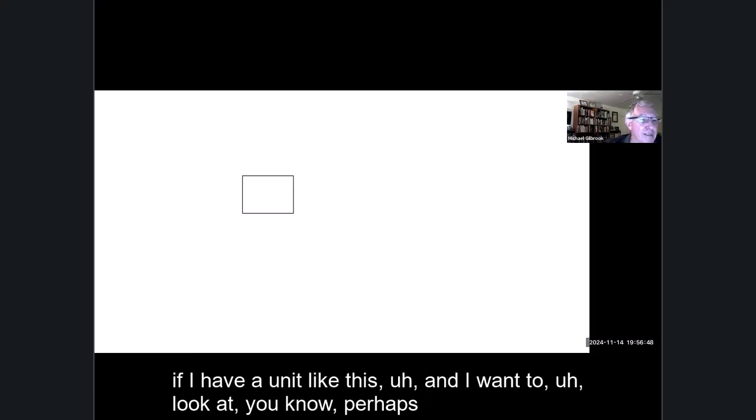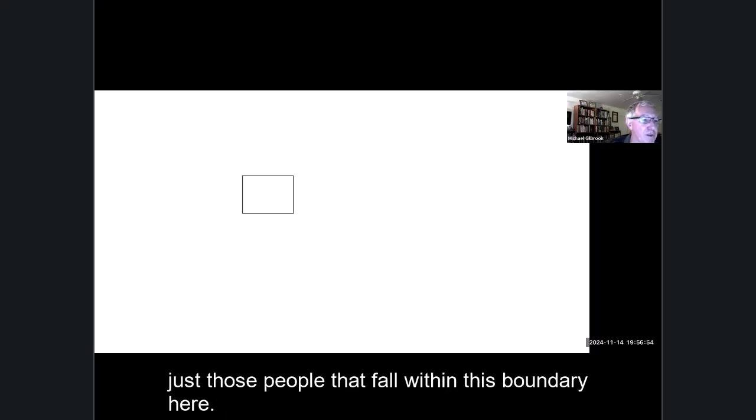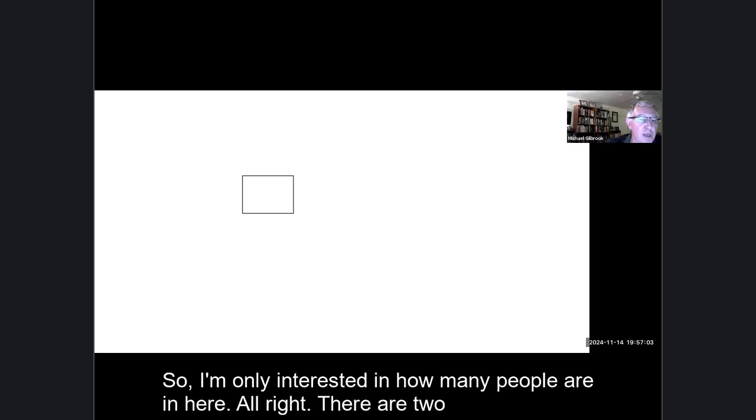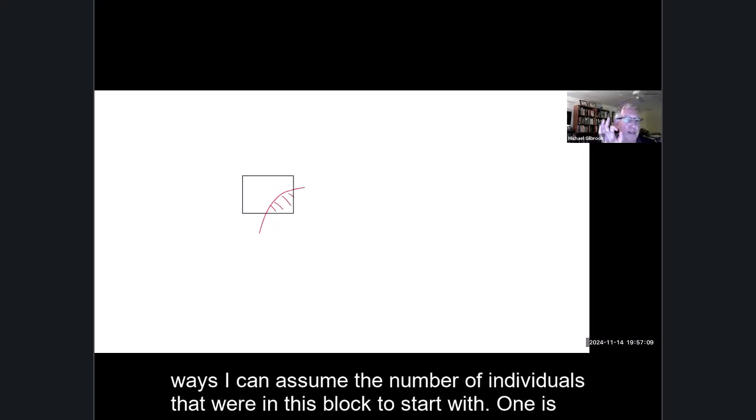If I have a unit like this, and I want to look at perhaps just those people that fall within this boundary here, so I'm only interested in how many people are in here. There are two ways I can assume the number of individuals that were in this block to start with.